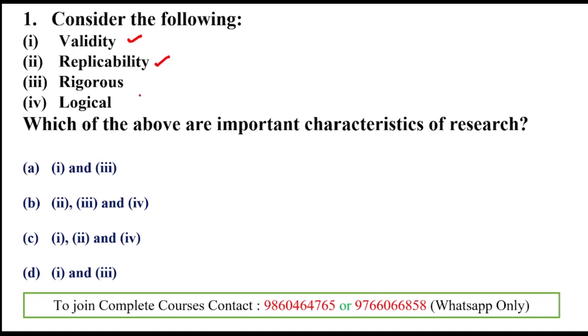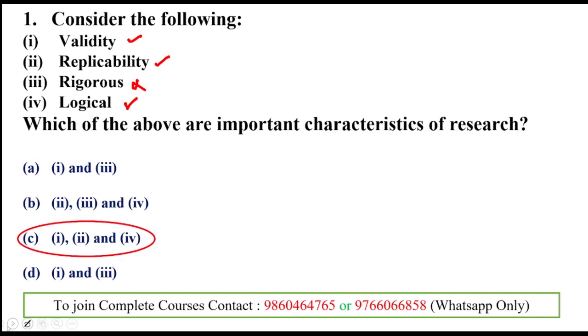Rigorous means severe or strict action, which is not needed in research. And logical is also an important feature of research. Okay, so options 1, 2 and 4 are the right answer.